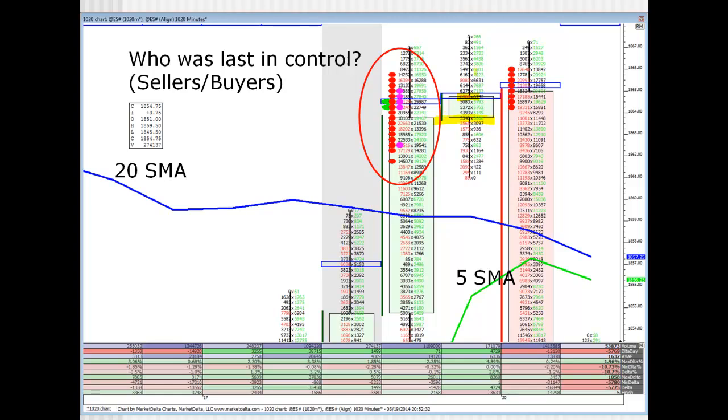Now, interestingly enough here, and this is where I cautioned you once before, when you see a very positive imbalance up here, like we do right here, and then a close that's below this positive volume imbalance, you should know right away that this was not buying activity, this was sellers hitting the ask.